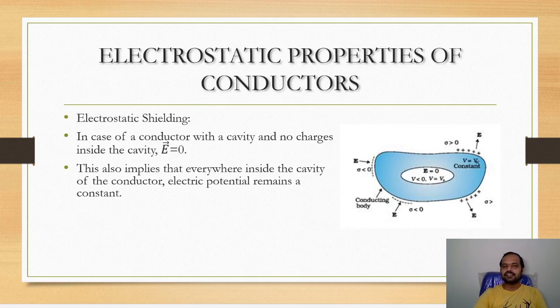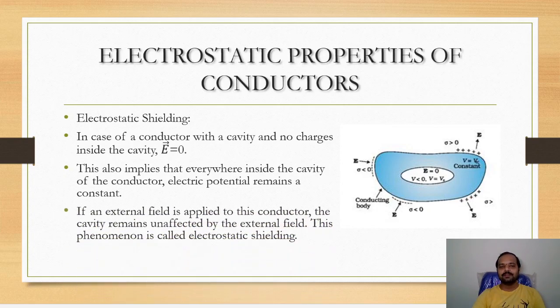Once again, there is a charge polarization on the inner walls of the conductor, and thereby there is an internal electric field which is induced inside the conductor opposite to the direction of the external field, which will cancel out each other, and hence the net electric field inside the cavity once again is zero, which means since the electric field inside the cavity is zero, obviously the potential is constant, and hence there is no question of the charges moving to constitute the current inside the conductor.